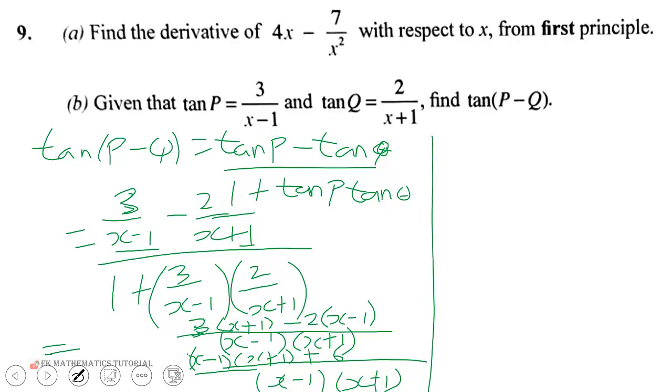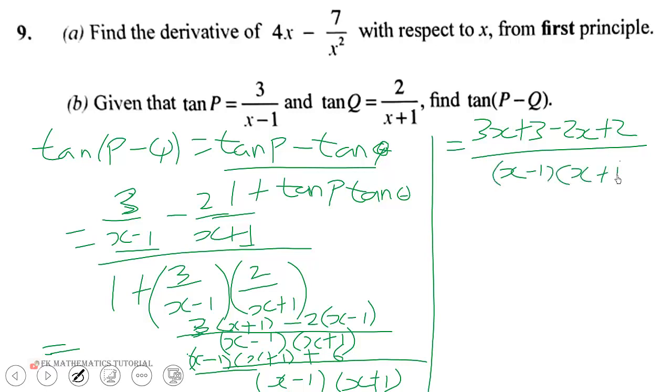So this is going to give us, when we expand the top, 3x plus 3 minus 2x plus 2 all over x minus 1 into x plus 1.